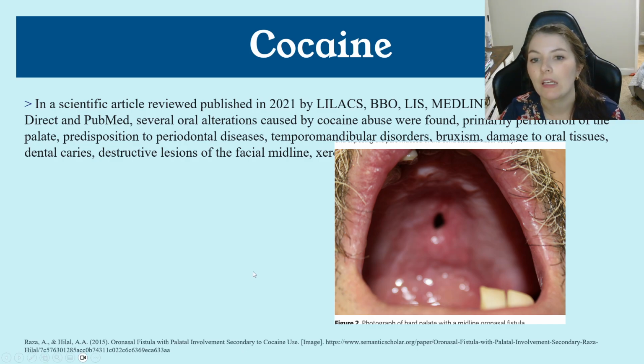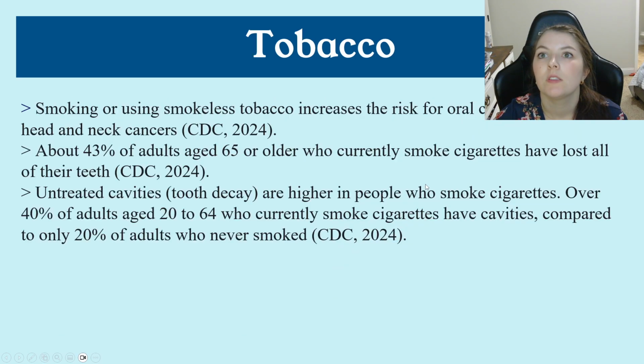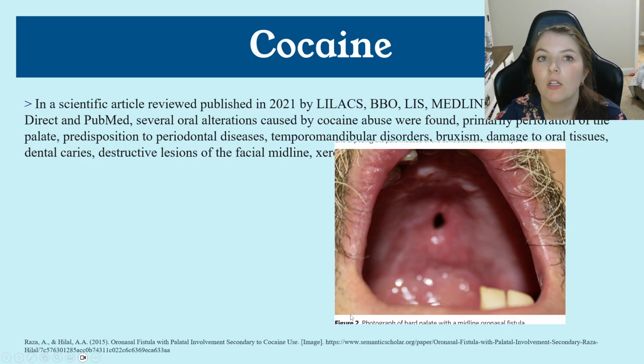So cocaine. Cocaine has some of the most severe consequences in a user. The most severe consequence that we see with cocaine is perforation of the hard and soft palate. If you look at this image above on this slide, this patient here has what we call an oronasal fistula.